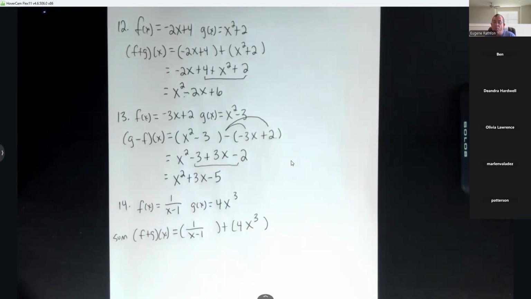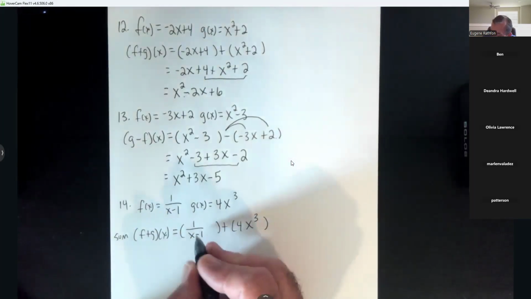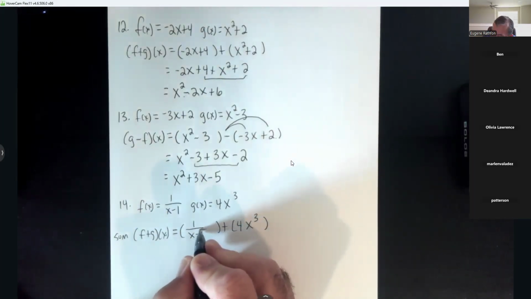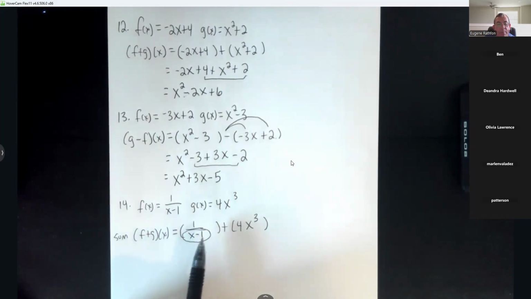And remember, what you're looking for are fractions with a denominator. So on this one, you got a fraction right here. So what x value would make this equal 0 down here?